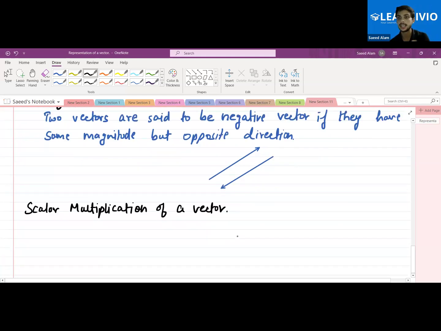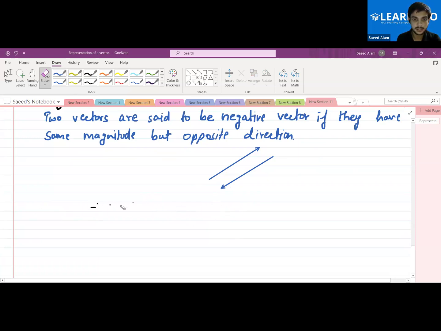For example, let's say there is a particular vector here. Let me draw it here only. Before this, I think I should tell you one more thing. Then we'll see the scalar multiplication. Before this, I should write a point here in the note.